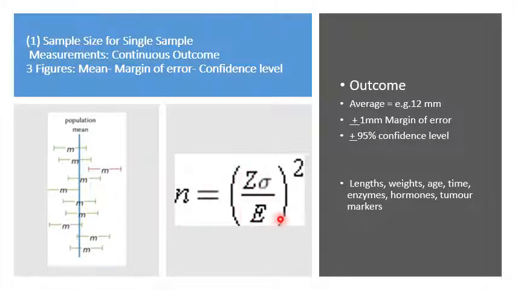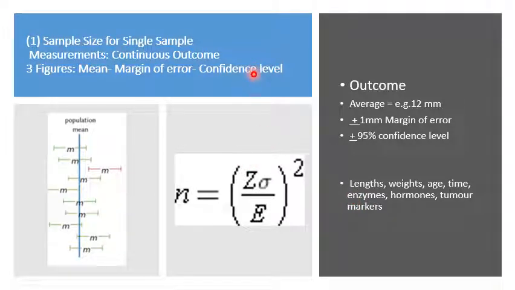And the 3 factors would give us the required sample size so that at the end of the study, we would have enough precision in your measurements to give the average, say for example 12 millimeters of a certain distance, and a margin of error, say about plus or minus 1 millimeter of that average, with a level of confidence of 95%, for example, or 97 point something, or whatever you set out the confidence level and the margin of error. And that applies to all measurements for continuous data, lengths, weights, and time and things.